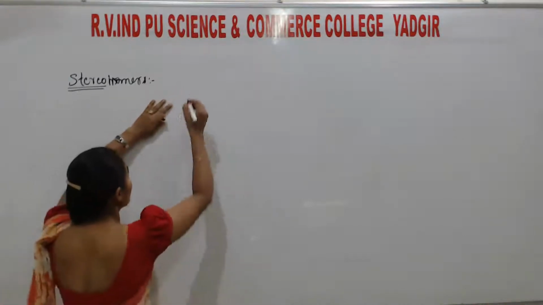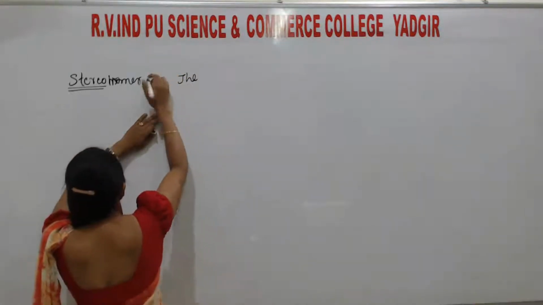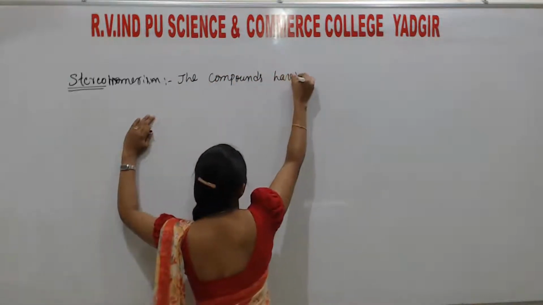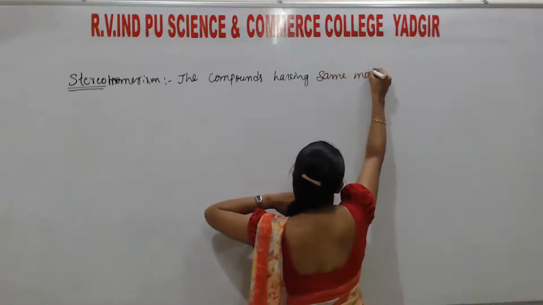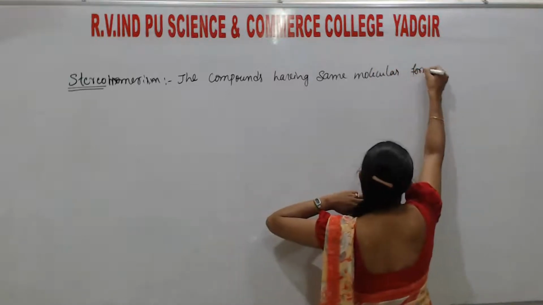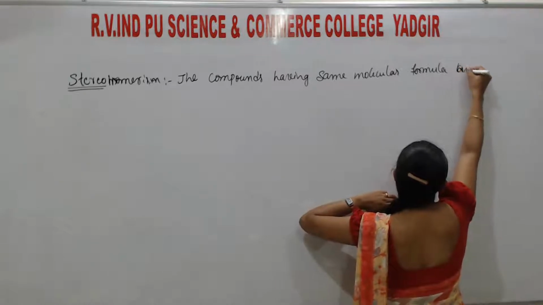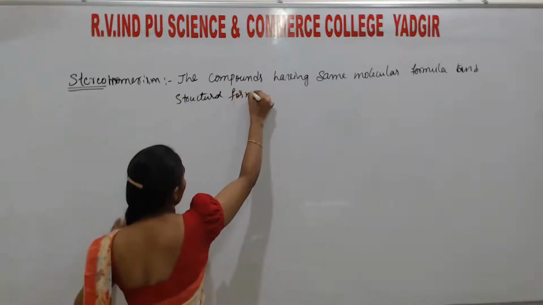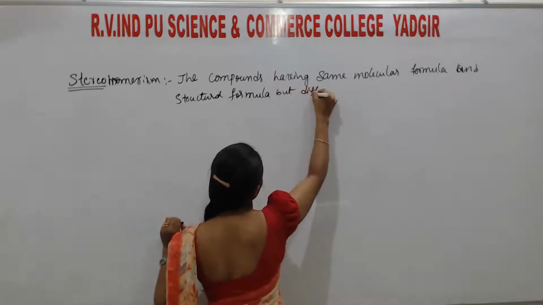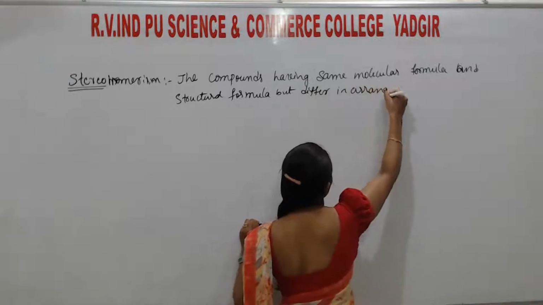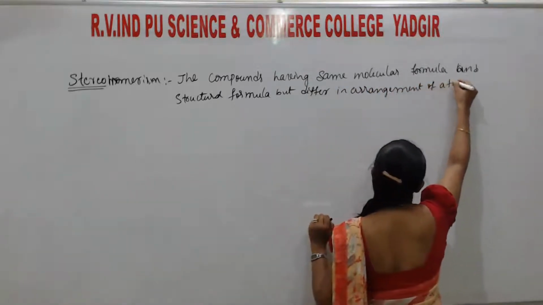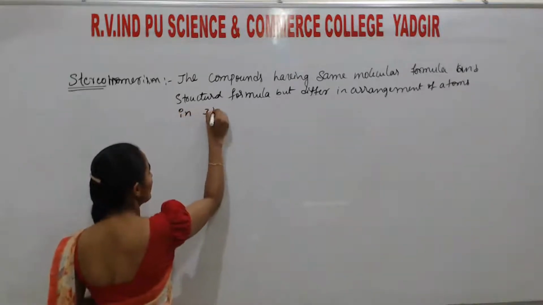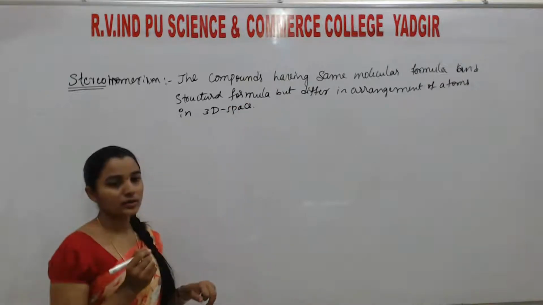The compounds having the same molecular formula and structural formula but differing in the arrangement of atoms in three-dimensional space. This is called stereoisomers.